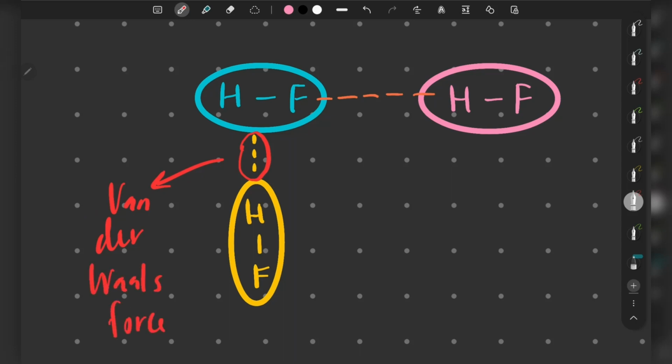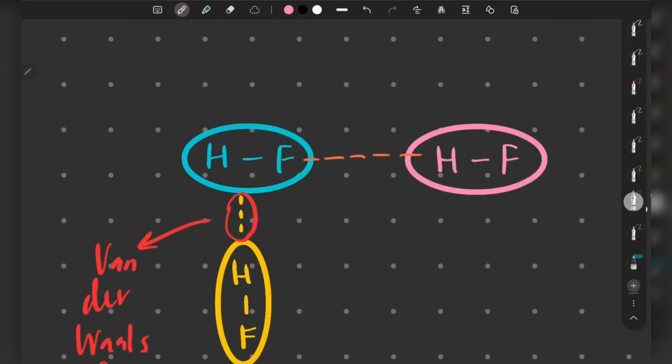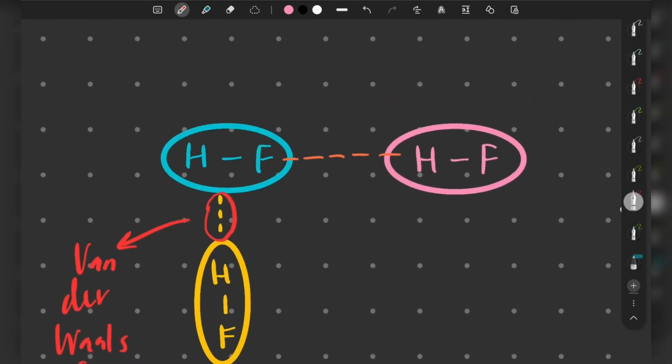Okay, therefore, if you guys recall, the highly electronegative atoms are fluorine, oxygen, and nitrogen. What we have here is fluorine, which is a highly electronegative atom.